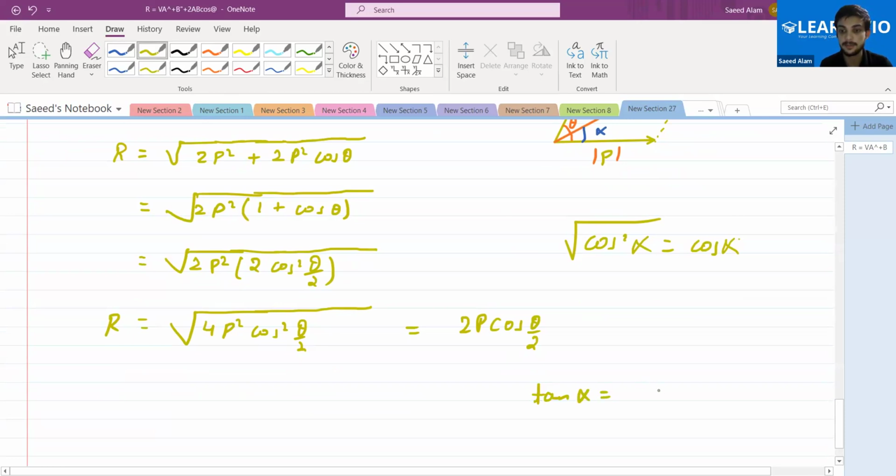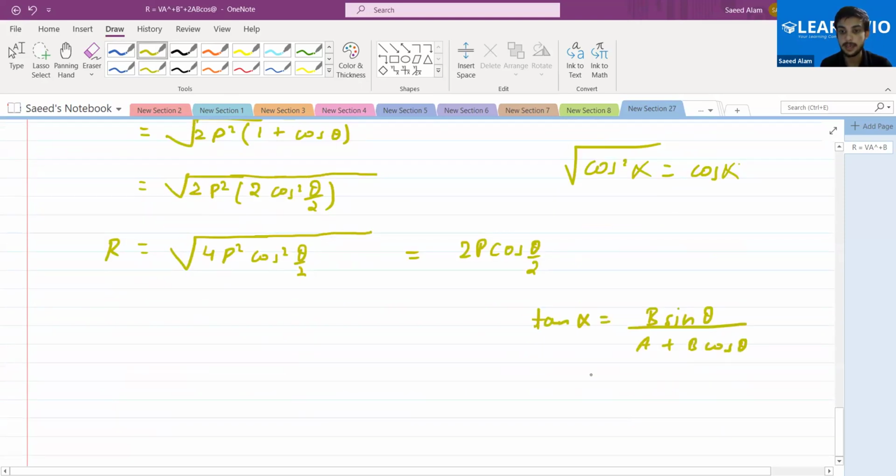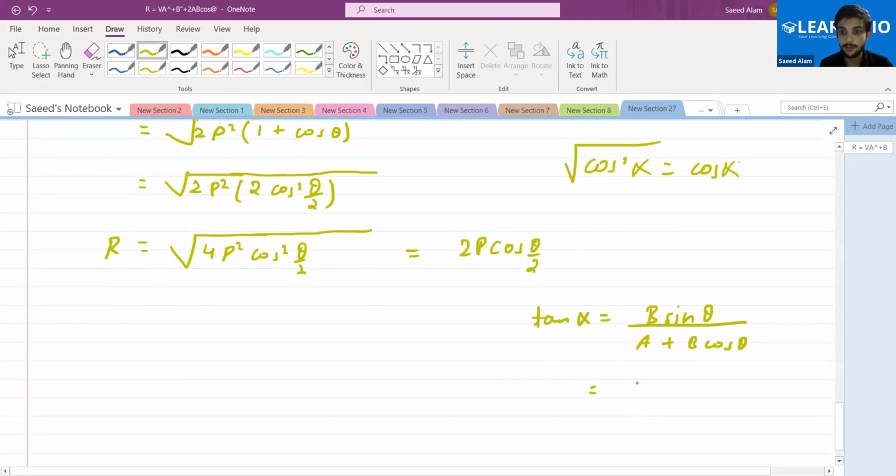What is the tan alpha? B sin theta by A plus B cos theta. Now, instead of B, I should write P only. So P sin theta divided by P plus P cos theta. Yes or no?